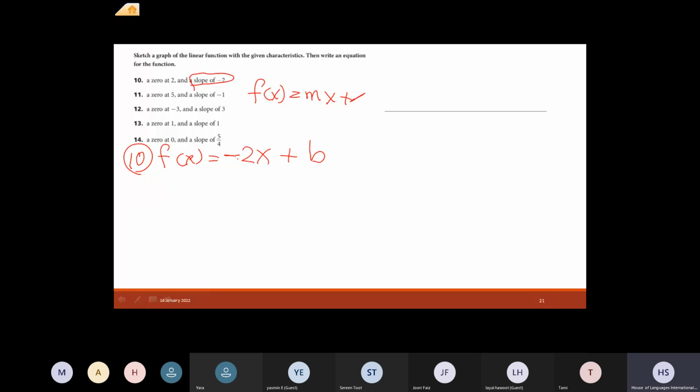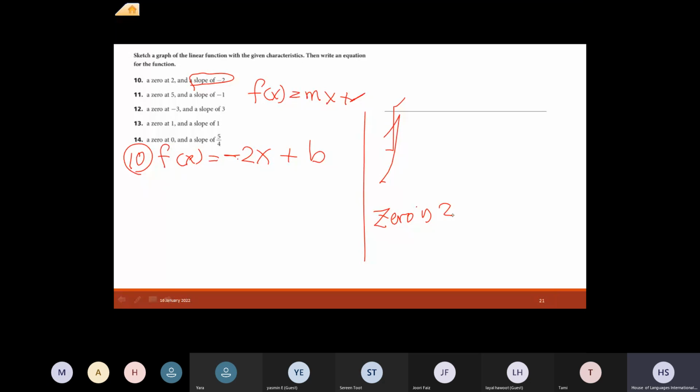Let's see. We say that the 0 is 2. What does it mean? That the x-intercept is 2. That means y is 0. Good job. So I will take this equation here.